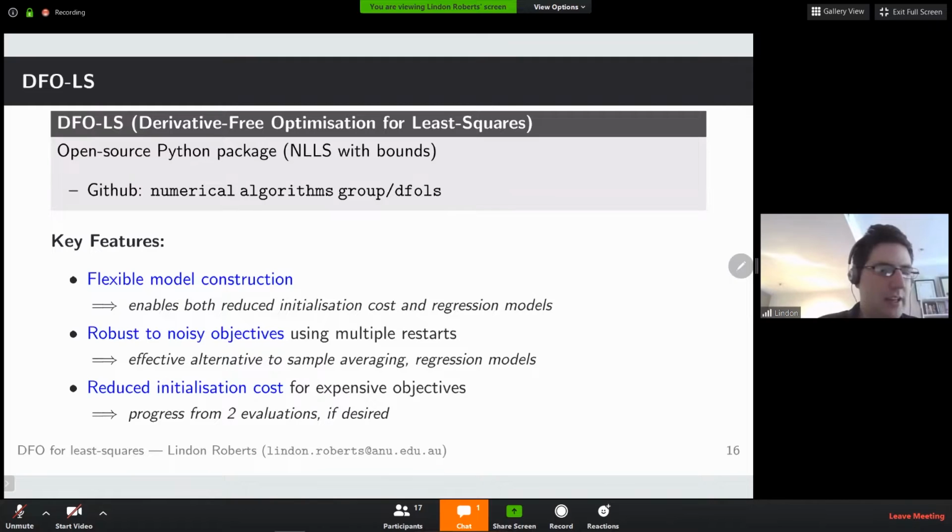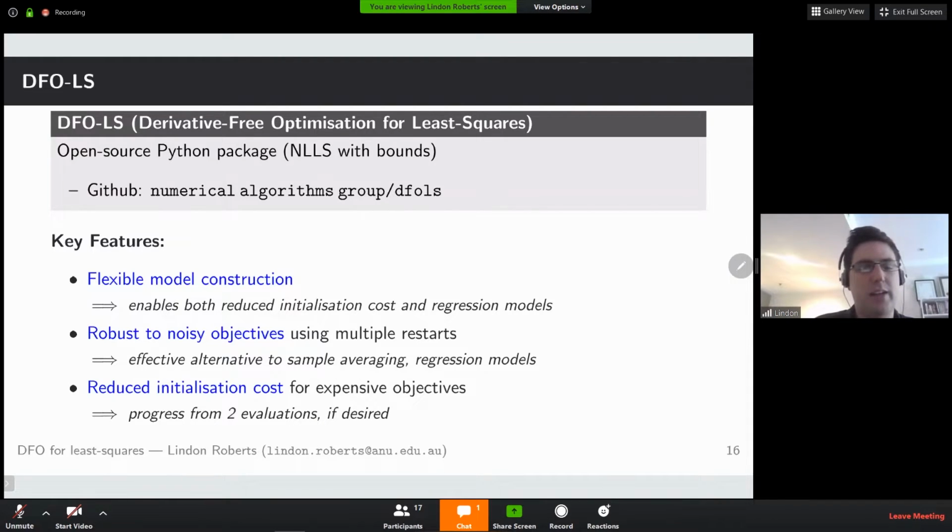There are a few things that it does that lead to some useful benefits in practice. First, it's fairly flexible in its model construction, in the sense that it can use an arbitrary number of interpolation points to build the model. We also have a multiple restarts mechanism that makes it very robust to objectives that have noise in their evaluations.